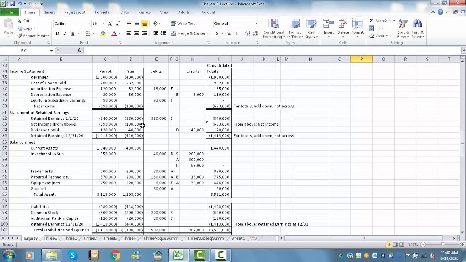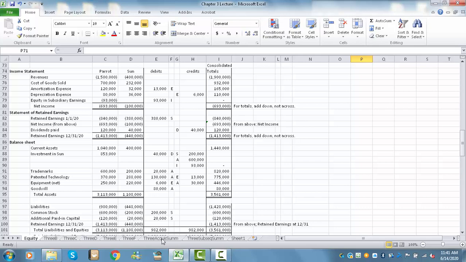And then what we want to do is figure out how we're going to combine these to reach our goals. Remember, our major goal here is to eliminate the investment in Sun and to eliminate their equity and their retained earnings, so that all we're left with is our own equity and retained earnings.